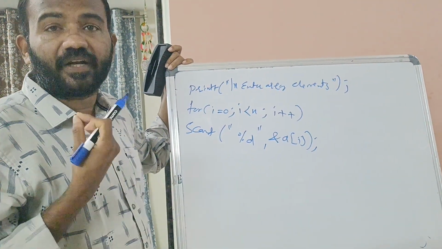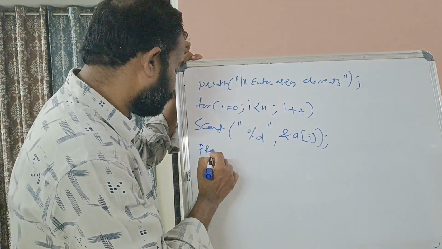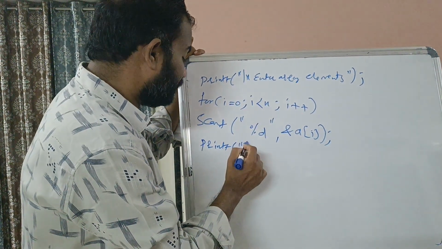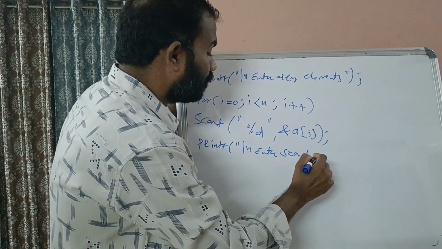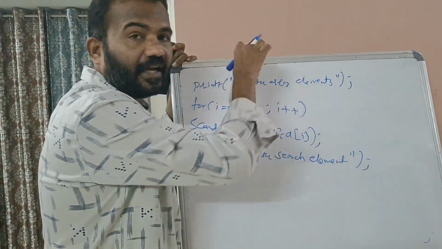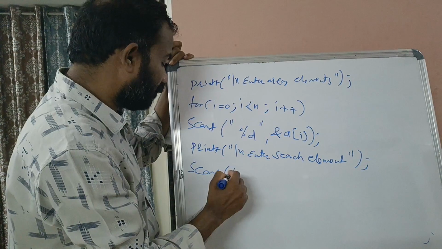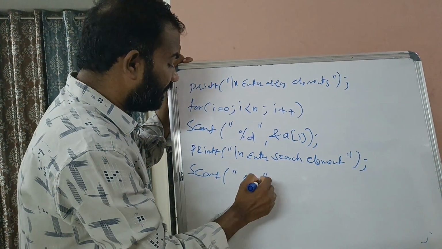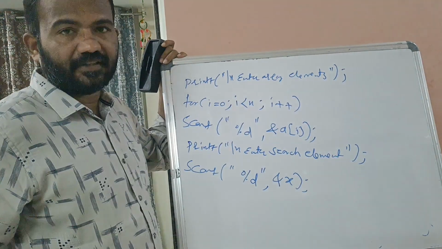Now we need to enter the search element, which is very important. printf \n enter search element. What is our target? Whether this search element is present in that array or not is our target. So scanf %d; we already took the name of the variable as x.